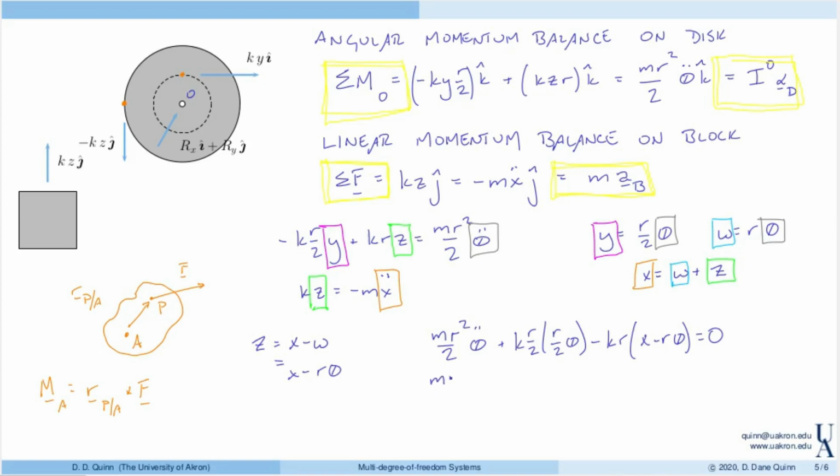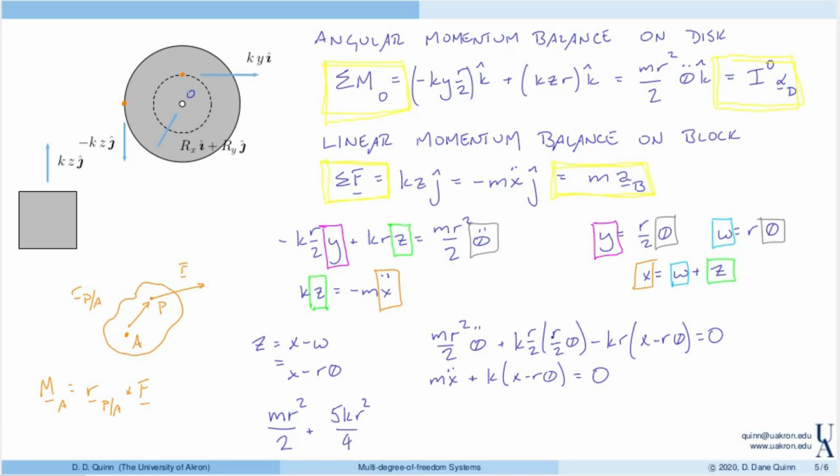And mx double dot, using linear momentum balance, plus k times z, which was x minus r theta, equals 0. So I can actually clean this up a little bit and combine some terms. So the final equations of motion are mr squared over 2 plus 5kr squared over 4.